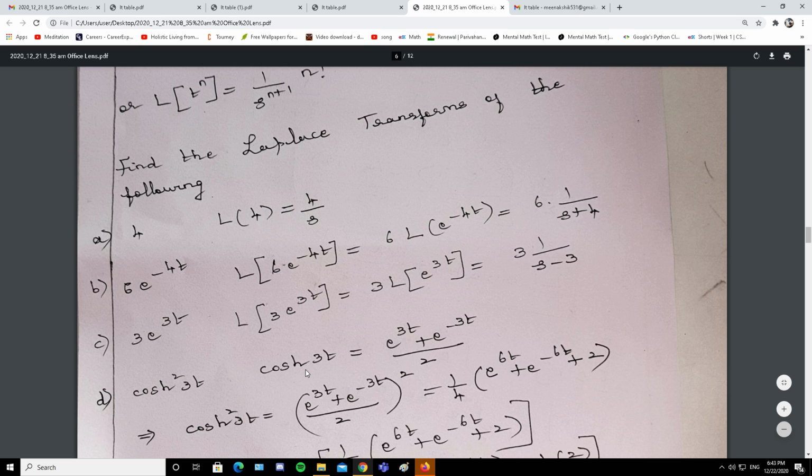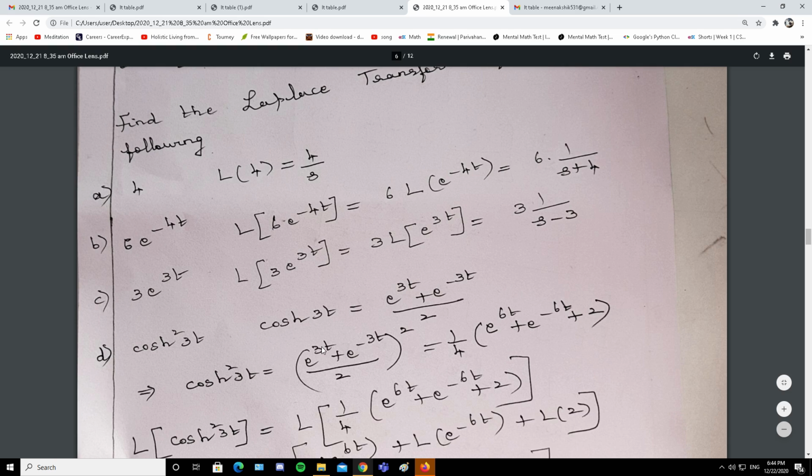So what is cos h 3t? Half of e power 3t plus e power minus 3t. Square both sides. So it is 1 by 4 of a plus b whole square: a square, e power 6t, plus b square, e power minus 6t, plus 2ab. So 2 into ab, that is 2 times e power 0, that is 2.